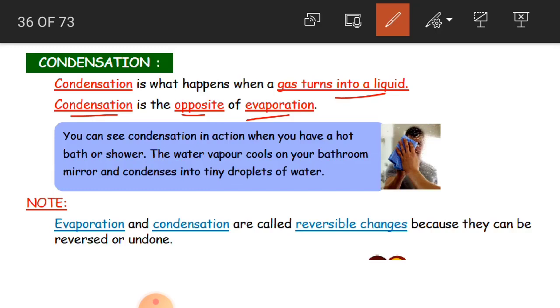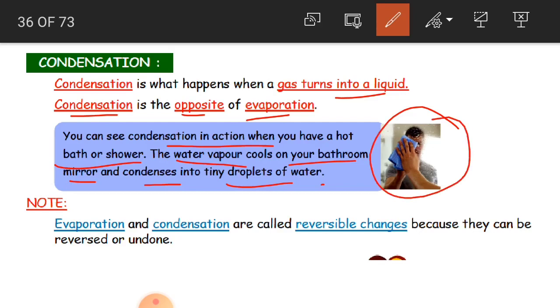You can see condensation in action when you have a hot bath or shower. The water vapor cools on your bathroom mirror and condenses into tiny droplets of water. We take a bath with hot water, and after that, when the water vapor cools in our bathroom, you can see small drops of water on the mirrors and the glass.